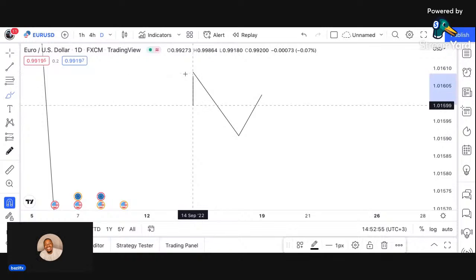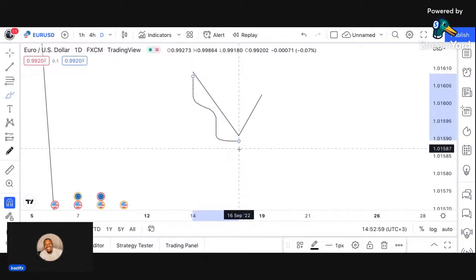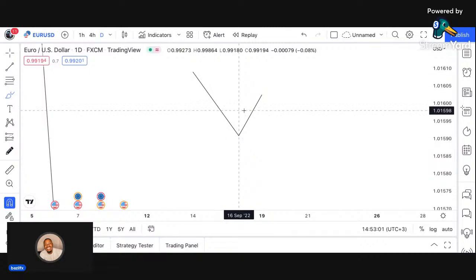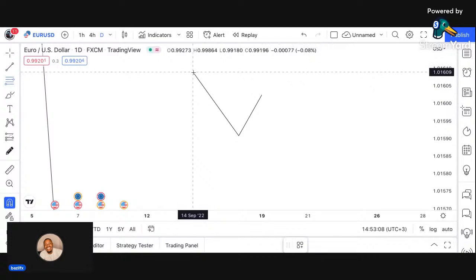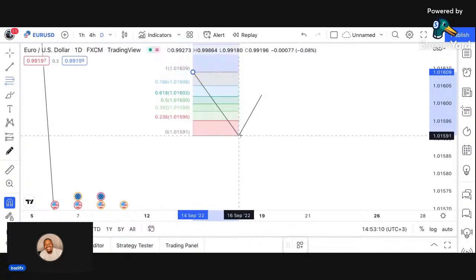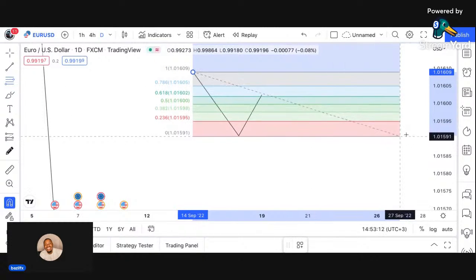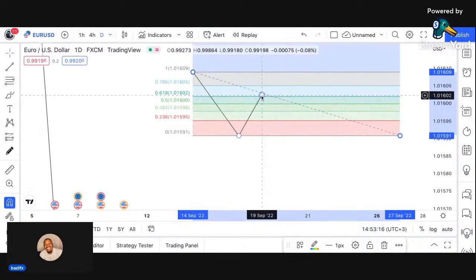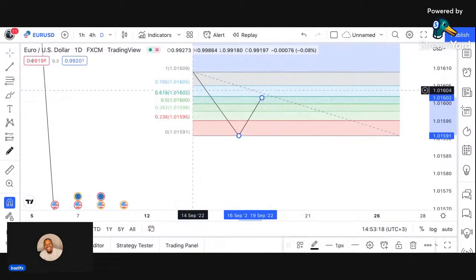What we want now is to use the Fibonacci retracement from the swing high. We come here, choose the Fibonacci, and draw it from the swing high to the swing low. This is the swing low, like this.